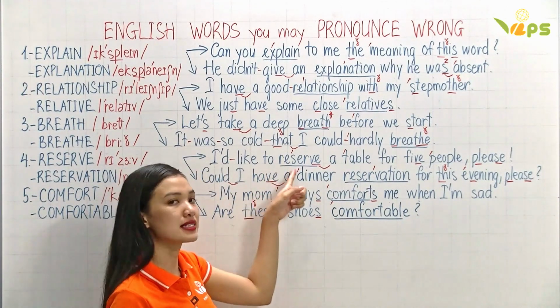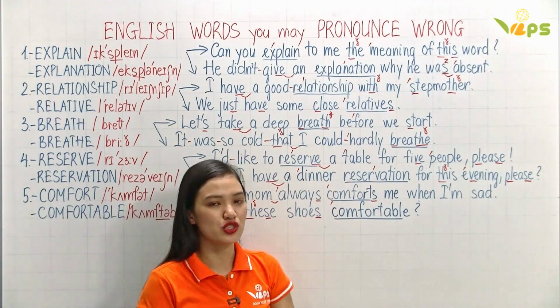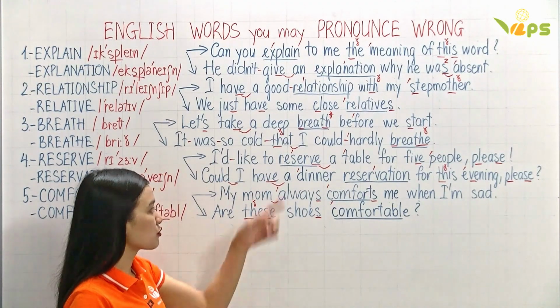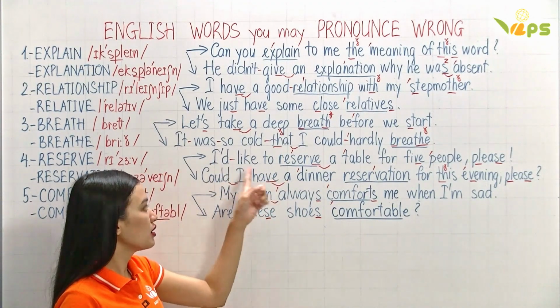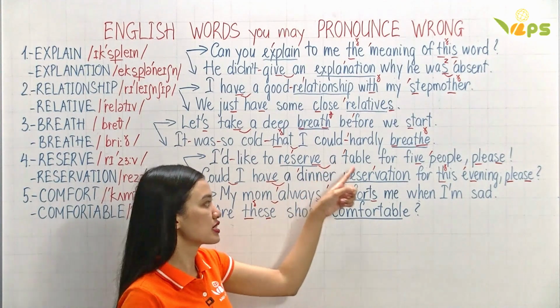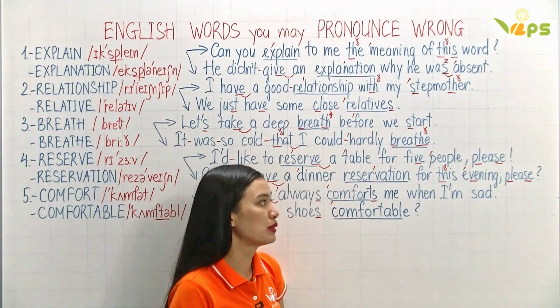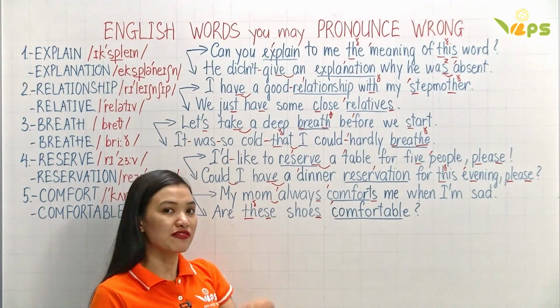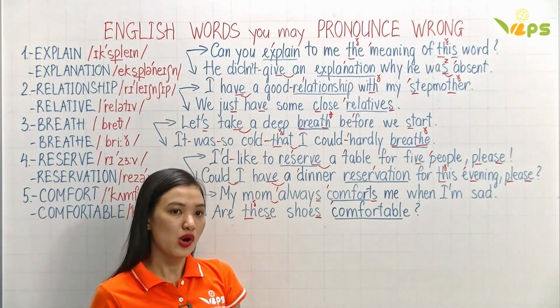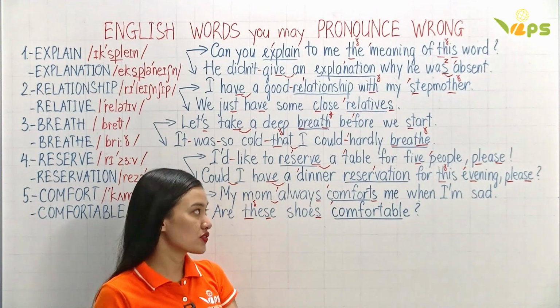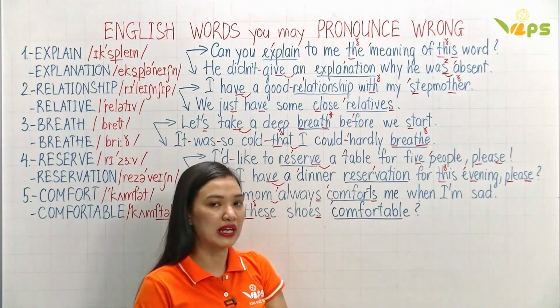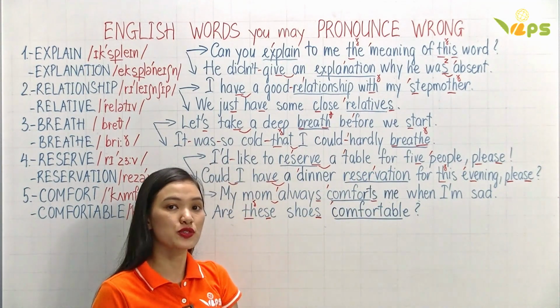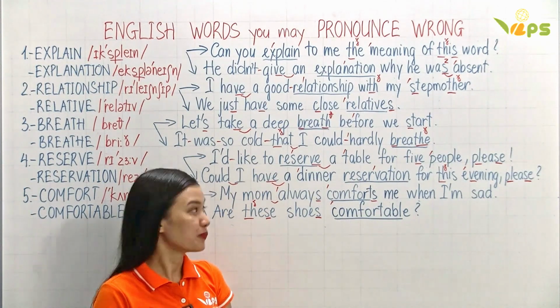Number 4, reserve and reservation. Reserve. I'd like to reserve a table for 5 people, please. Just like you want to have lunch or dinner with your family or friends. There are 5 people, and then you call the restaurant first to reserve a table for you.